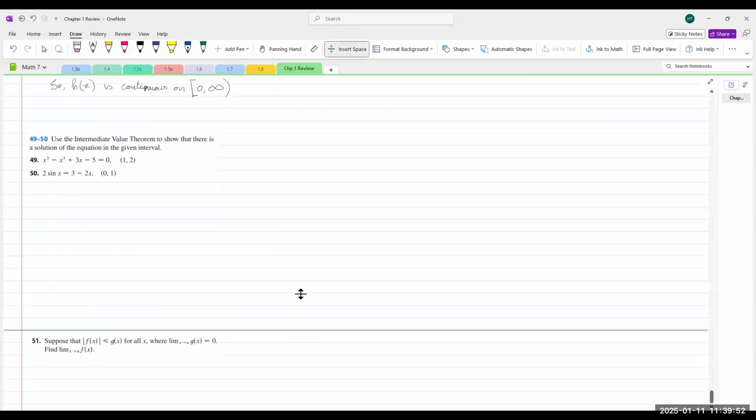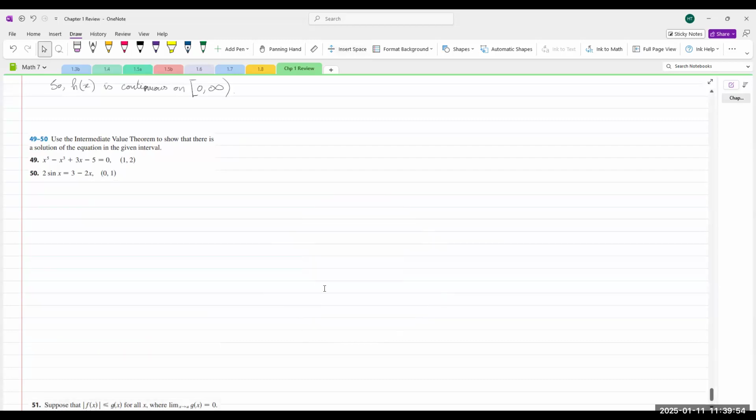Number 49 and 50. Use the intermediate value theorem to show that there is a solution of the equation in the given interval. The intermediate value theorem says the following. Just to remind ourselves, the intermediate value theorem says this.